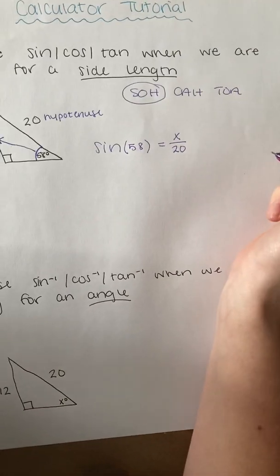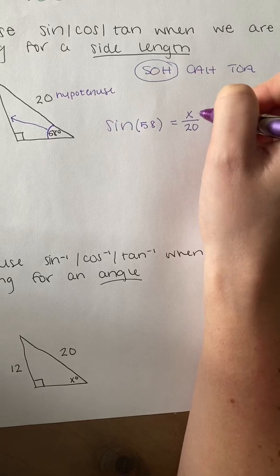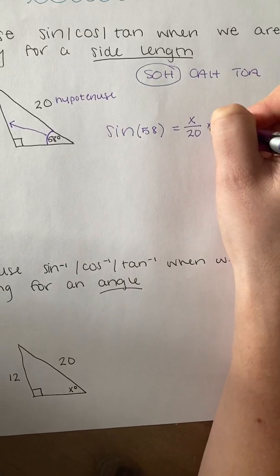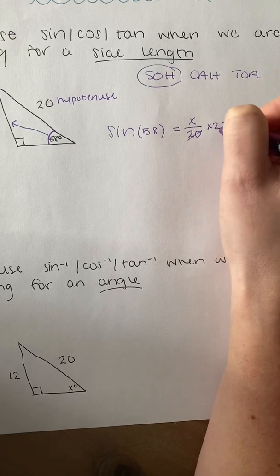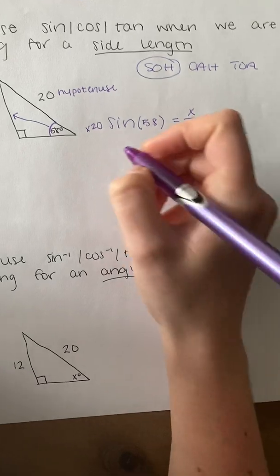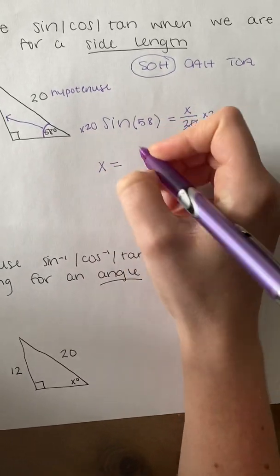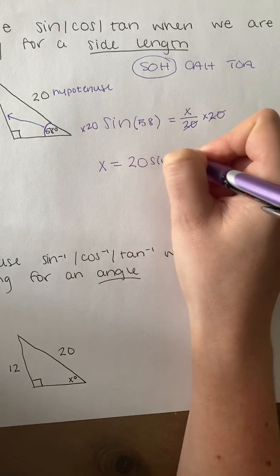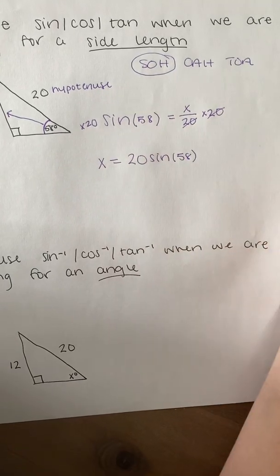So how I'm going to plug this one into the calculator, first I have to get x by itself because that's what we're solving for. So I can multiply this side by 20, so it takes that out of the denominator, means I have to multiply that side by 20 as well. So I'm left with x is equal to 20 times the sine of 58 degrees.